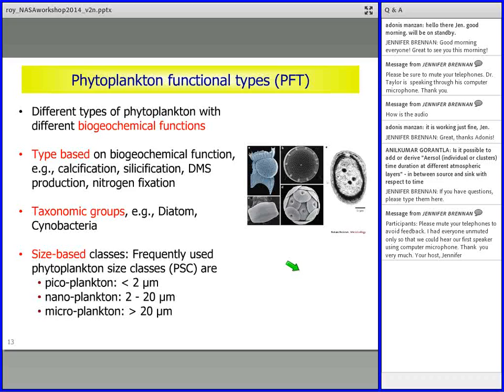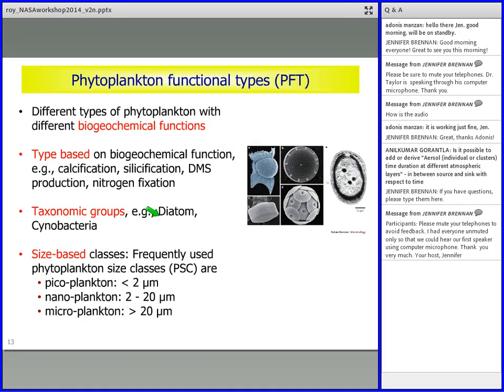Next, we move to phytoplankton community structure. The phytoplankton community is very diverse, including many, many species, and these can be distinguished based on various criteria. Generally, we define them based on their biogeochemical functions, which are called functional types. They can also be distinguished based on taxonomic groups.